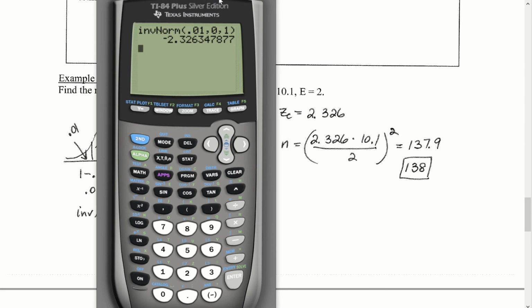I would highly recommend, especially as you're working in my stat lab, that it's good practice in this section to take that Z-score out a few more places if you're able to when you do your n calculation. The reason is that anytime we round this value and use it in a further calculation, that rounding error gets compounded, and in this section that could be a pretty big deal.